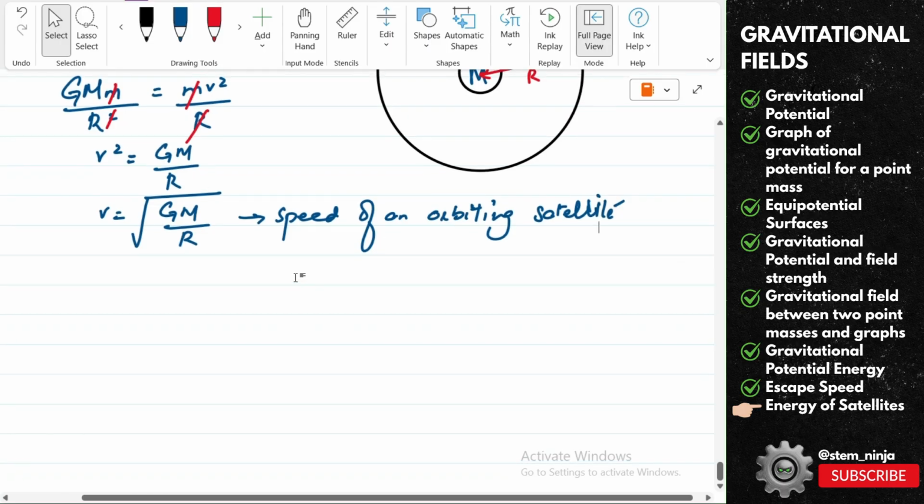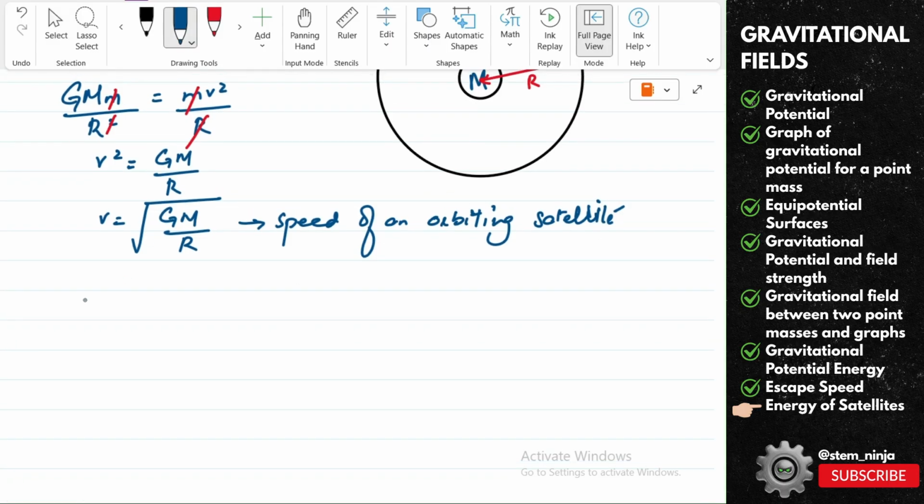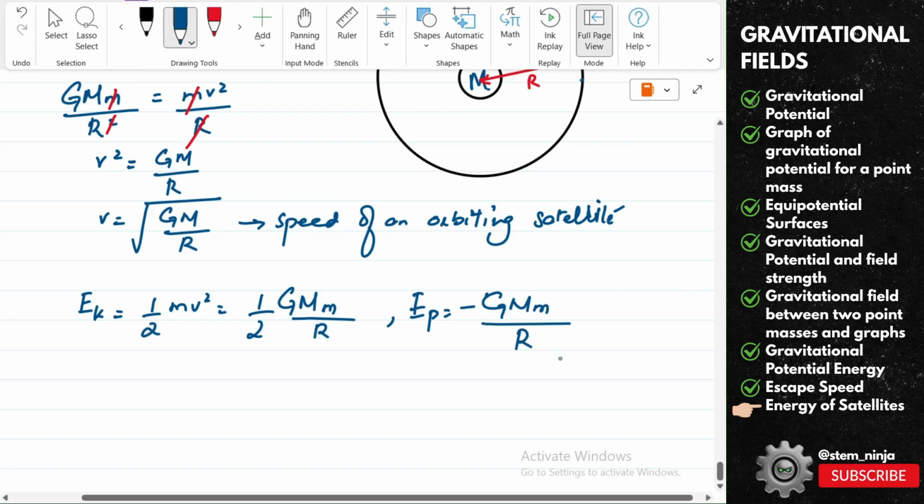This means that we can also figure out the kinetic energy, which is half mv squared. So this becomes half GMm over r. And we are already familiar with the potential energy between the two, which is minus GMm over r.